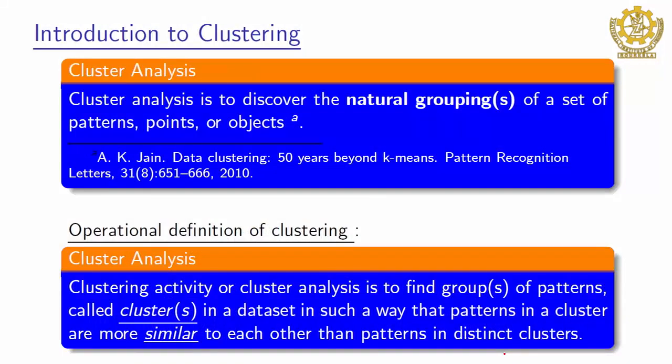With this definition it is really difficult to do computations, because what is natural to me may not be natural to you. Another example: I say this student is really excellent, but his fellow student will say he is not that excellent. Therefore, the word natural is very vague, and it is really difficult to work with this definition.